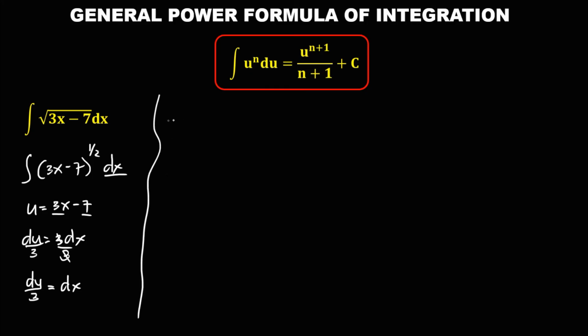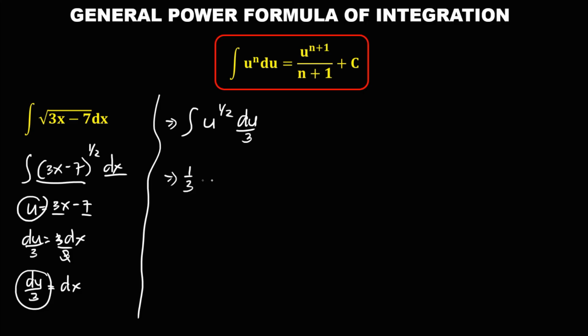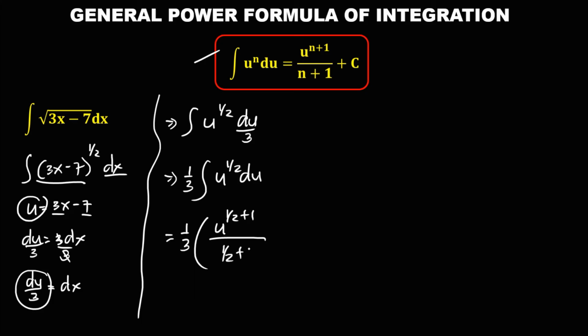And to find out the integral, we have the integral of u to the power 1 half, and dx is du over 3. Then this becomes 1 over 3 times the integral of u to the power 1 half, then the du. And from this formula, we have 1 over 3 times u to the power 1 half plus 1 over 1 half plus 1, then plus c.